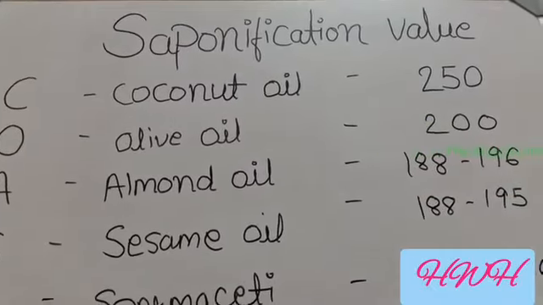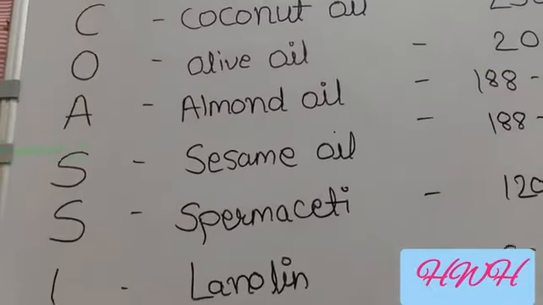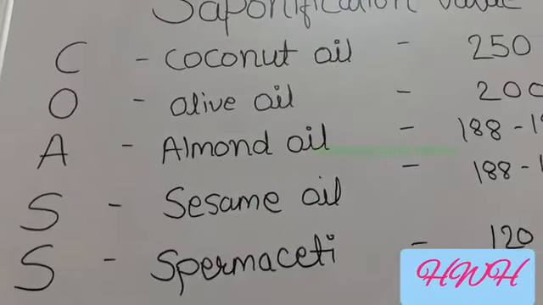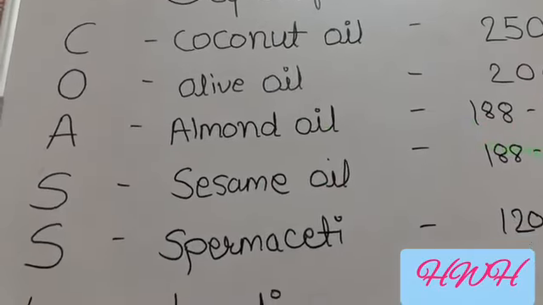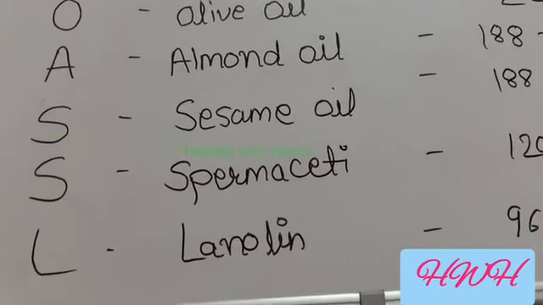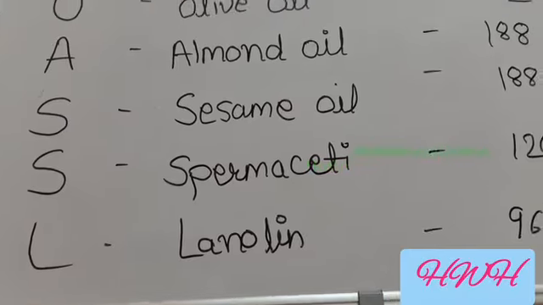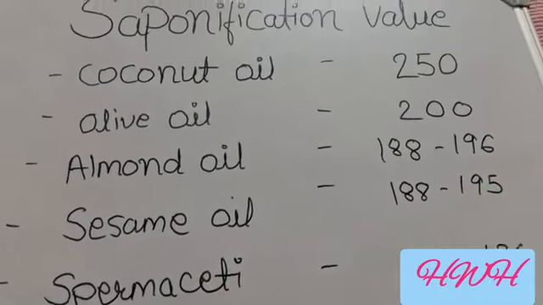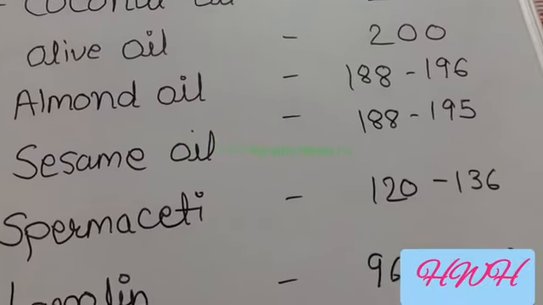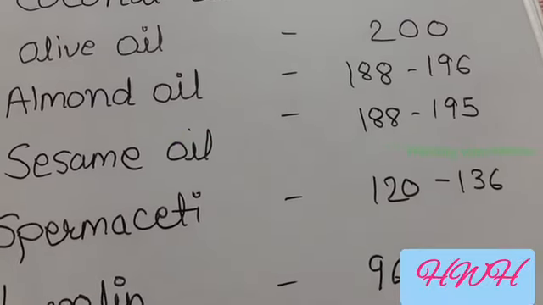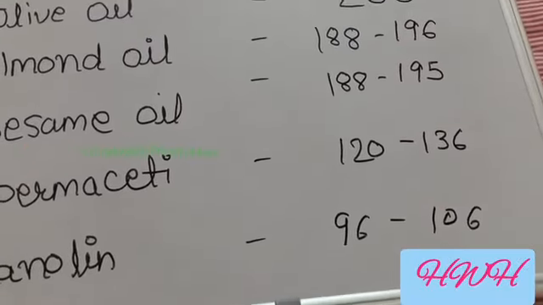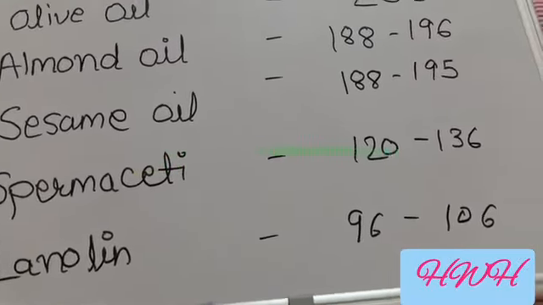And lastly, saponification value. The formula is COASSL. Here C is for coconut oil, O is for olive oil, A is for almond oil, S is for sesame oil, S is for spermaceti, and L is for lanolin. And the values are for coconut oil 250, then 200, then the ranges 188 to 196, 188 to 195. For spermaceti 120 to 136, for lanolin 96 to 106.